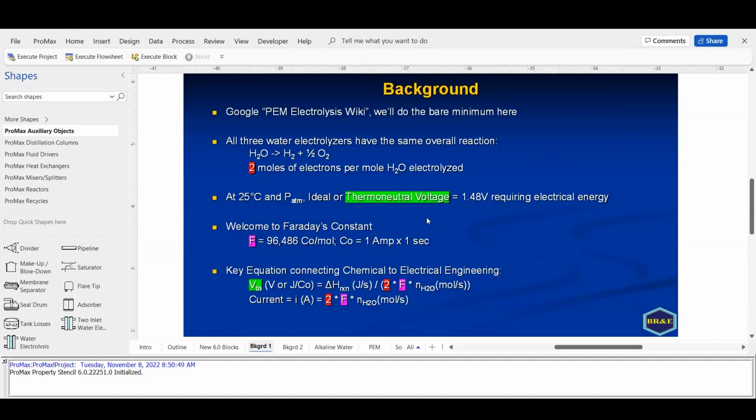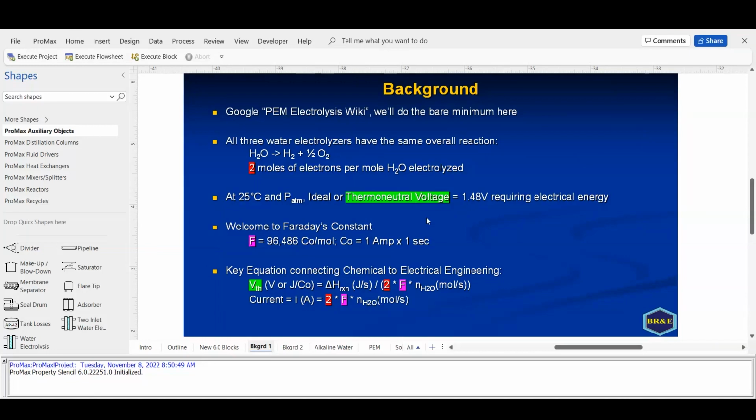The thermal neutral voltage is something that ProMax, with its thermodynamic calculations, can handle. We do flashes, and one of the things that we can compute is the enthalpy for any mixture at any temperature and pressure. With the ability to calculate enthalpies of streams, we can calculate the heat of reaction in ProMax.